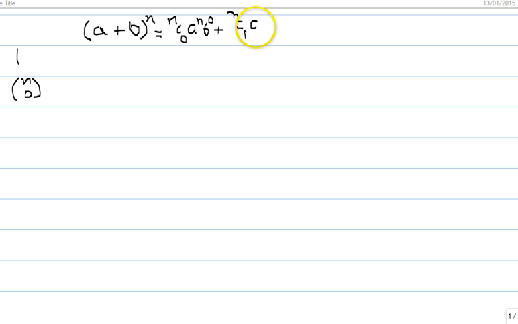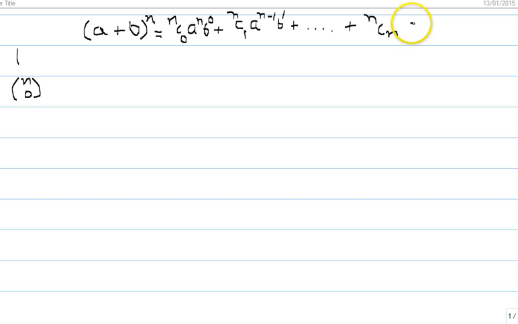Now when I write the first term, its power will be equal to the difference of superscript and subscript, so I am going to write n minus 1. Now the second term is going to take power equal to the subscript. So power will be 1, then plus, the same way we will continue, and the last term will be nCn.